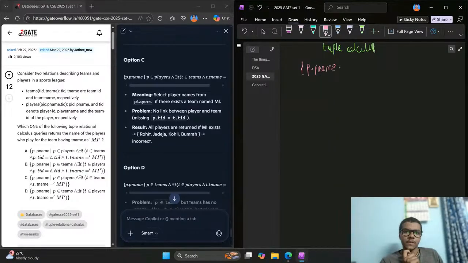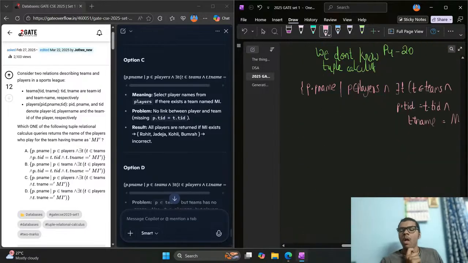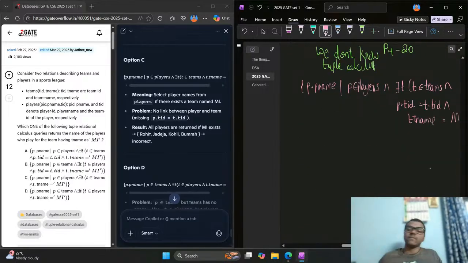P dot P name, P belongs to players, and there exists T such that T belongs to teams, and player dot T ID is equal to team dot T ID, and team dot T name is equal to MI.